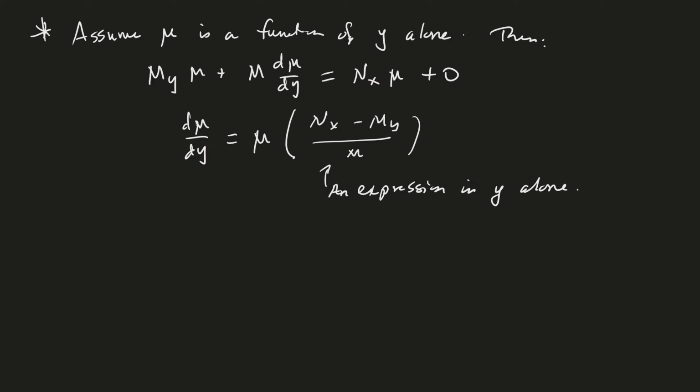Okay, then we could solve for mu. But of course, solving for mu, you're not finished at that point, right? As soon as you solve for mu, then you've got to go back and solve the original differential equation.